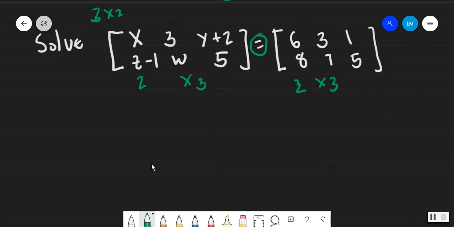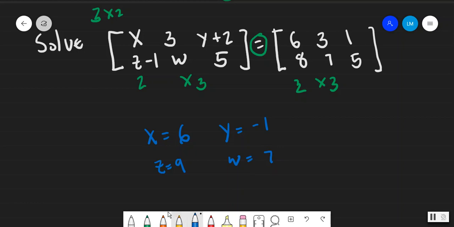So x is equal to 6. Then y has to be equal to -1. Then z is equal to 9. And finally w has to equal 7.